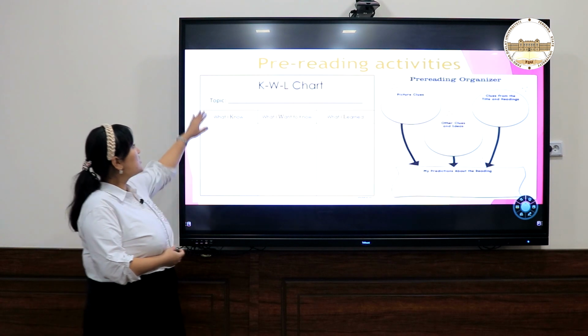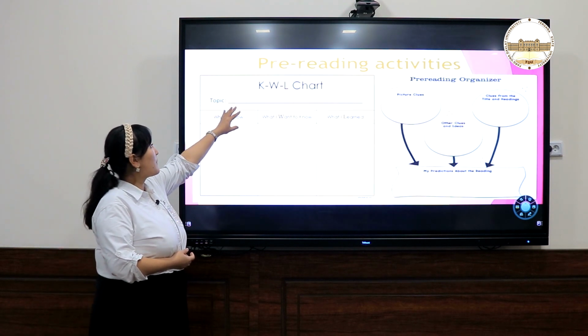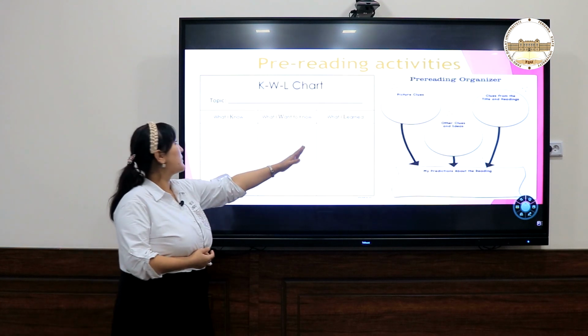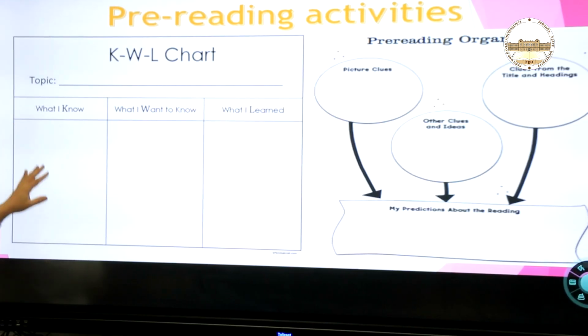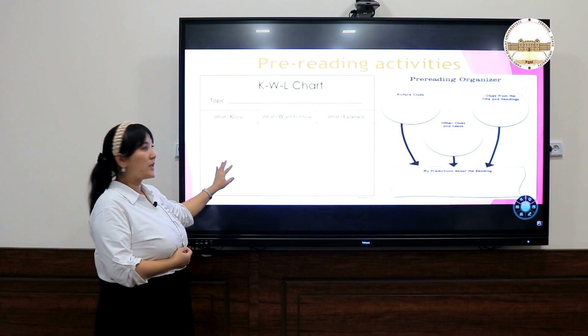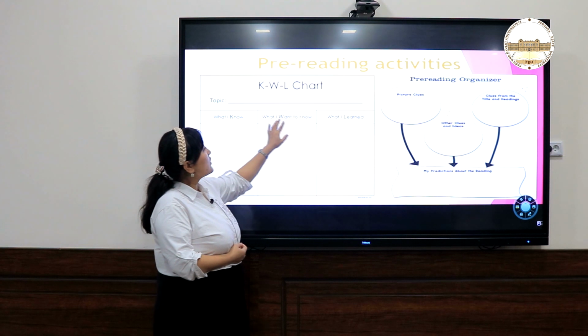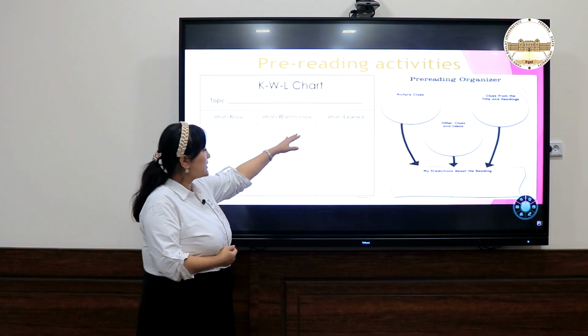The teacher writes the name of the topic or the name of the text, and learners should fill this table. First, they can write their prior knowledge according to the topic. The next one is what they want to know. Here they will write it, and after finishing the text, they should write about what they learned.